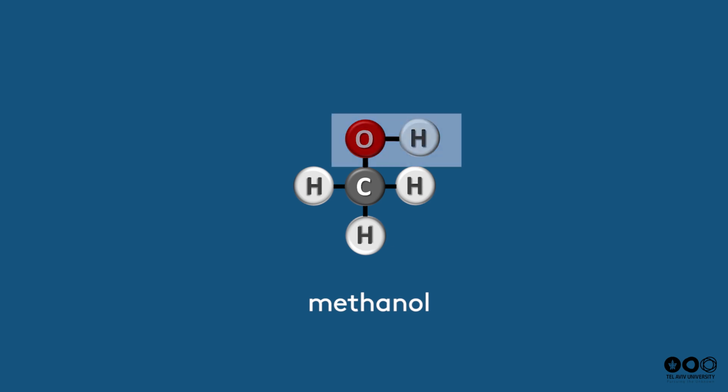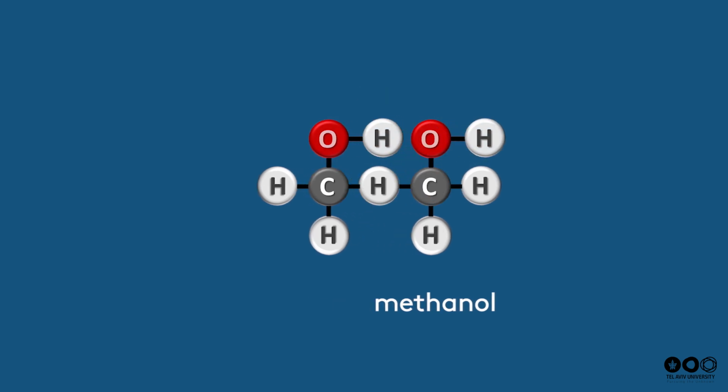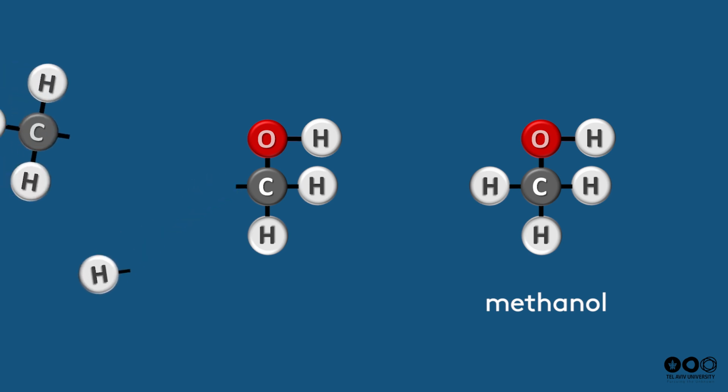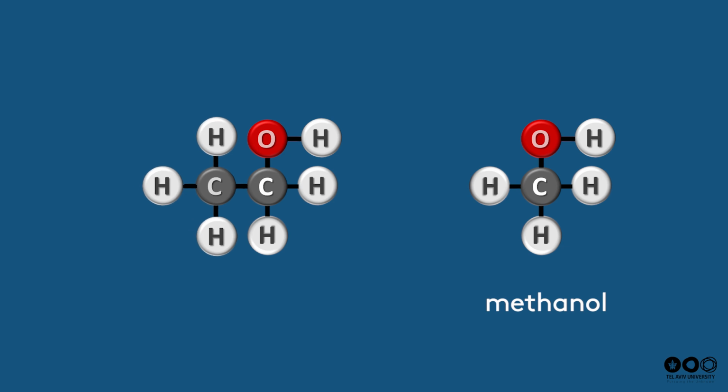The OH group is called a hydroxyl group, and in it the oxygen is polar and consequently can hydrogen bond with surrounding water. Adding more carbon and hydrogen groups to methanol will reduce the polar effect of its single hydroxyl group. For example, adding a CH3 group to methanol creates a different alcohol called ethanol.